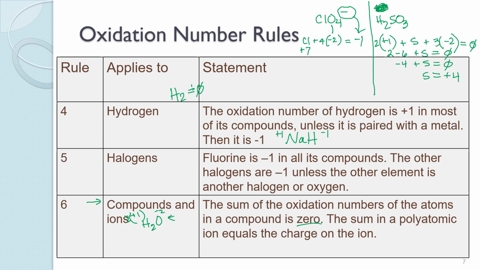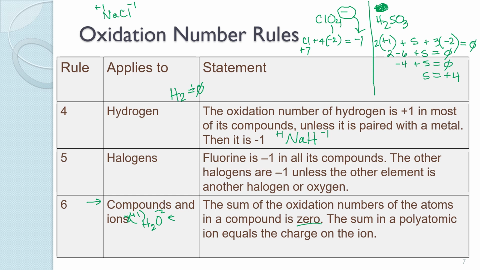Of course, like I said, if you've got something like NaCl, Na is a +1, just by nature of it being in a compound, it's always a +1. That means Cl has to be a -1. And Cl, in this case, most of the time halogens are -1 unless there's oxygen or another halogen around.